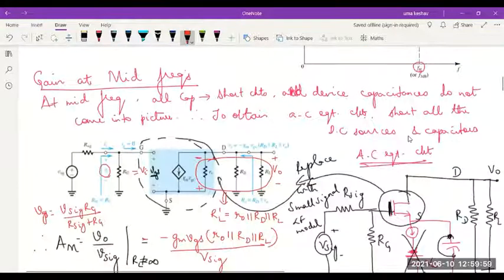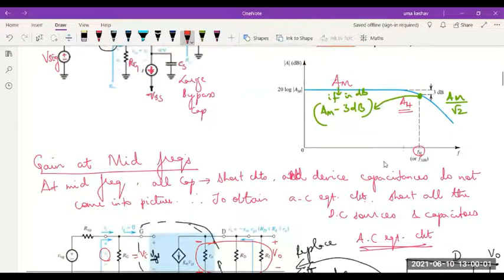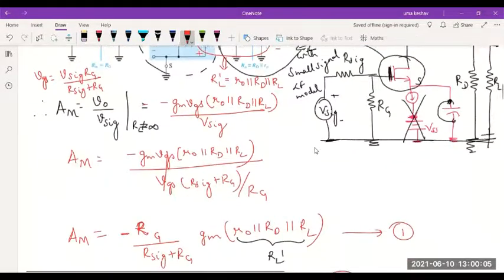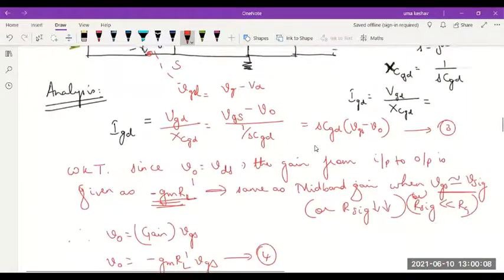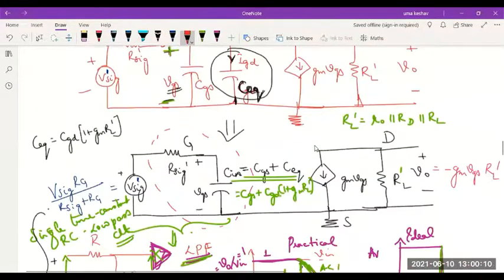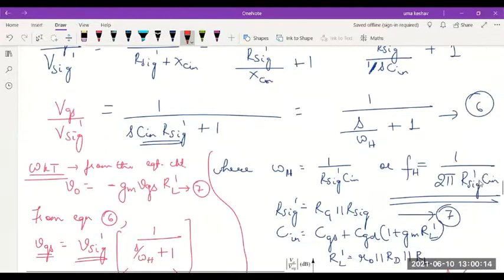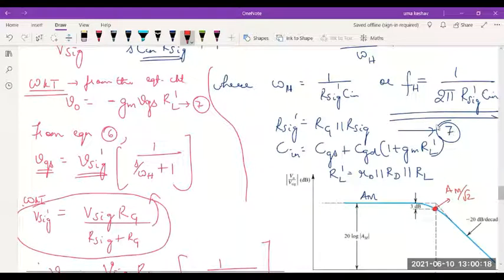And the other thing we found out was the value of this FH, because that is very important for problems, I told you. The value of FH is obtained as 1 by 2 pi R sig dash into C in, where R sig dash is Rg parallel R sig, C in is CGS plus CGD into 1 plus gm RL dash, and RL dash is R naught parallel RD parallel RL.